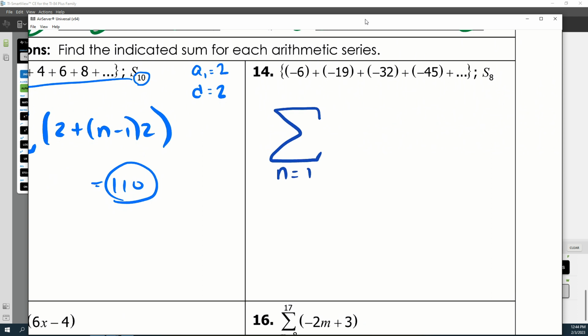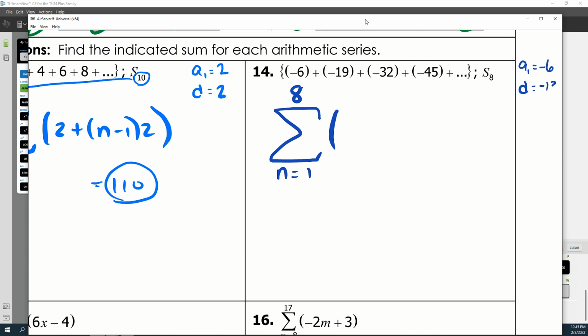What am I going to put on the top? 8. Good. Then I have to write my rule like we've been doing the whole class. So a sub 1 is the first term, which is negative 6. What is d? It's less easy to just do in your head this time. Negative 13.